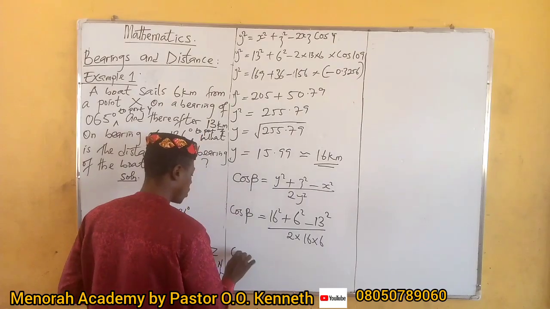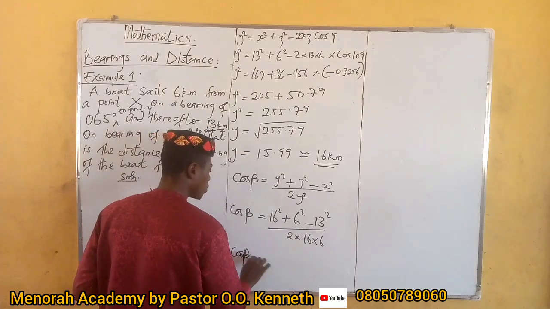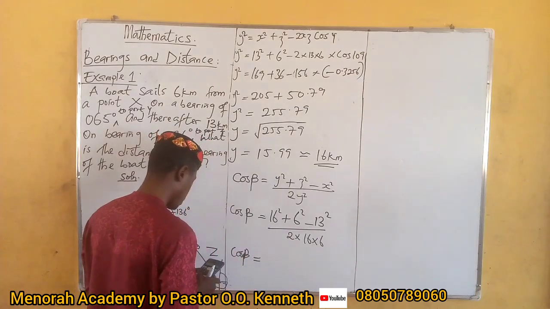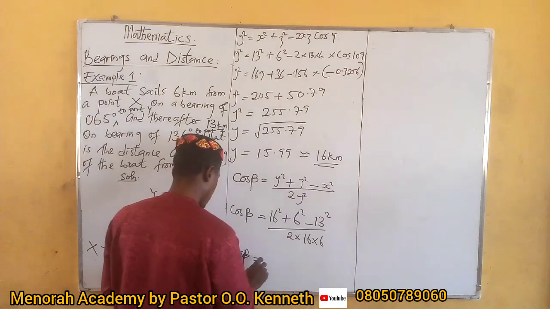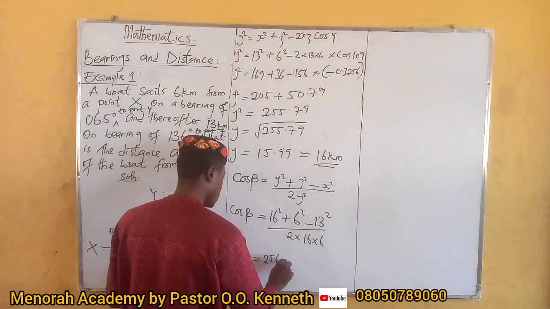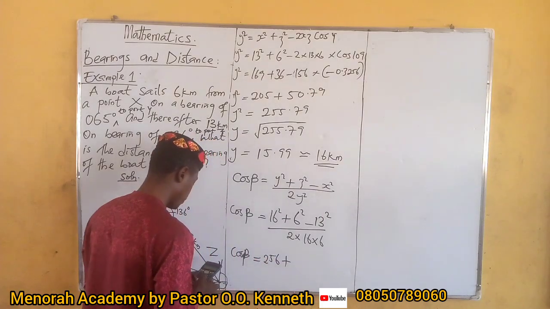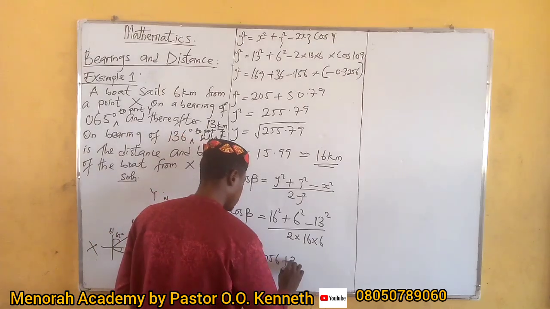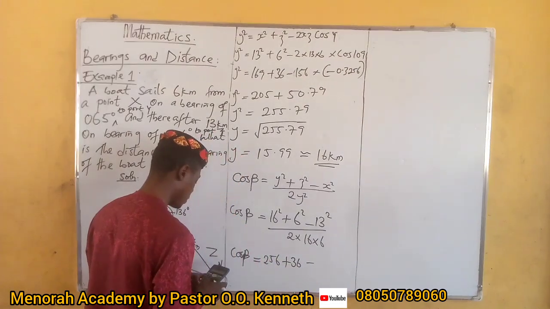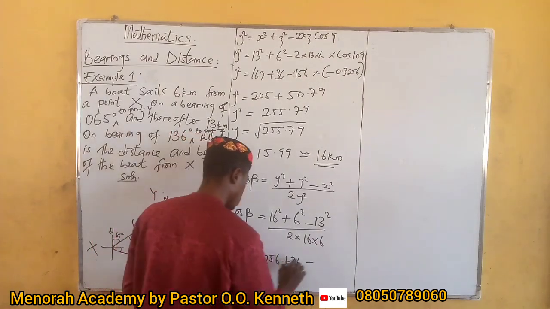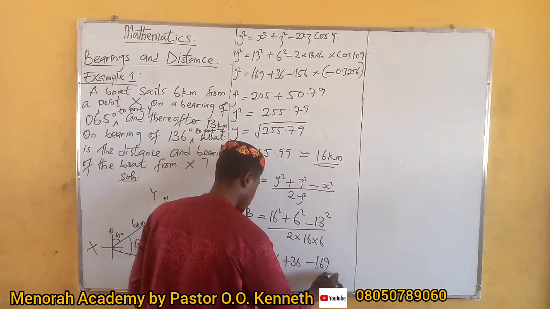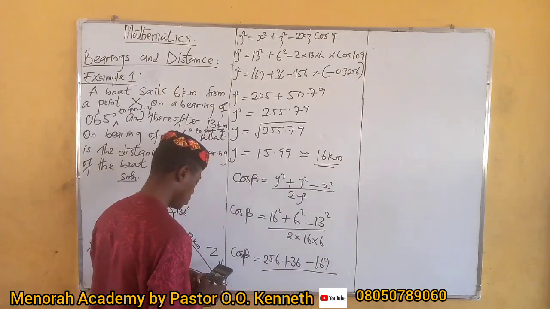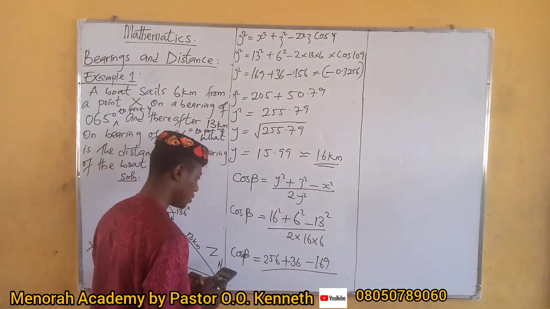So our cos beta is going to be equal to 16 squared, which is 256, then plus 6 squared, and 6 squared is 36. Then minus 13 squared, 13 squared is 169, all over 2 times 16 times 6.